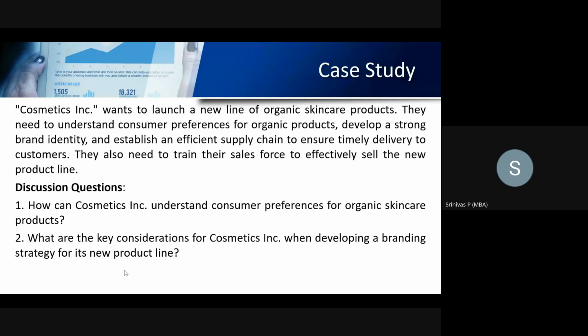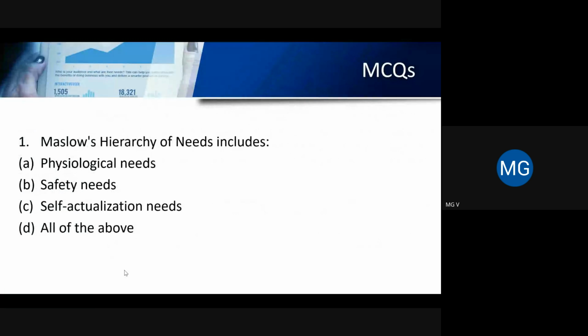Right. So define the target audience, create a brand name and logo that reflects the organic nature of the products, communicate the brand's values and benefits, and build brand equity through consistent messaging and high quality products.